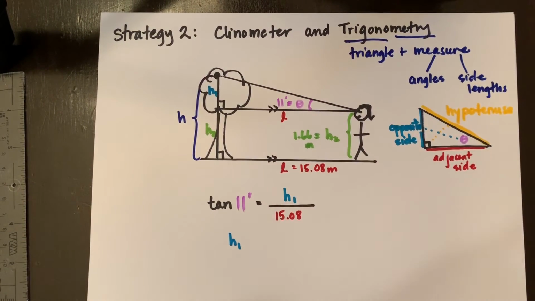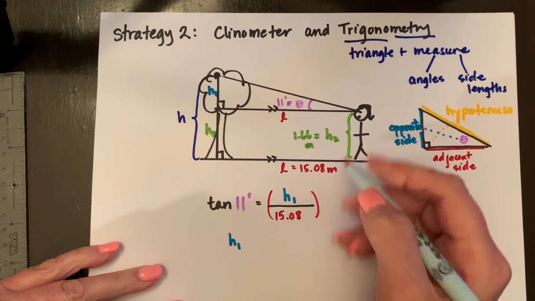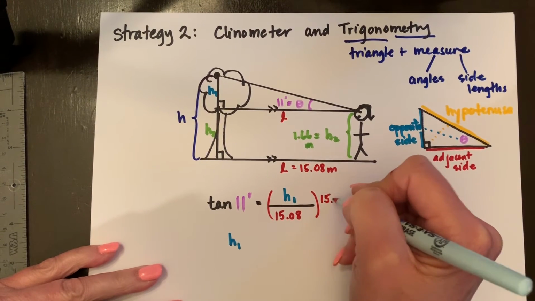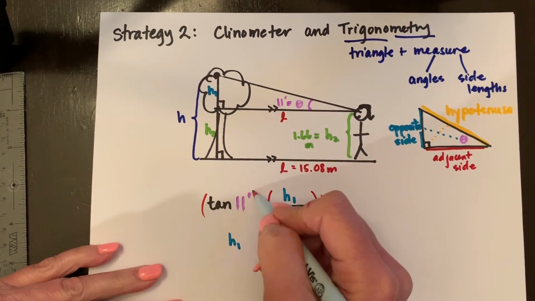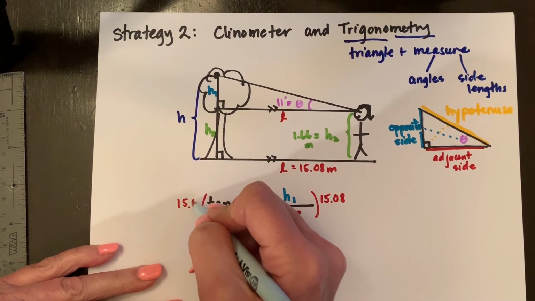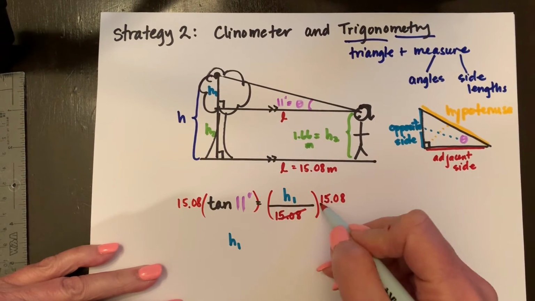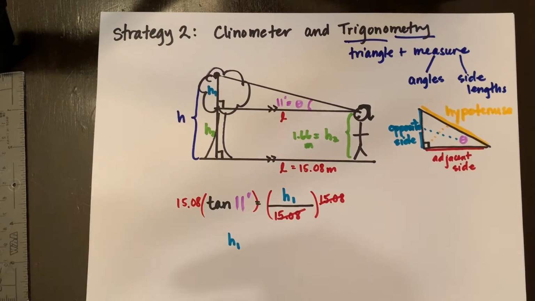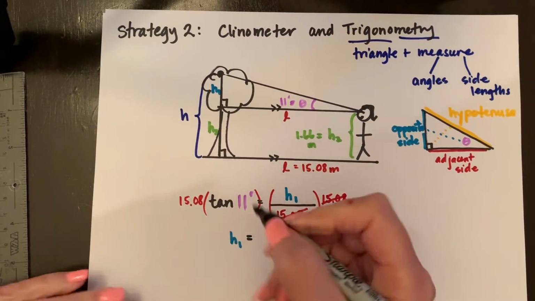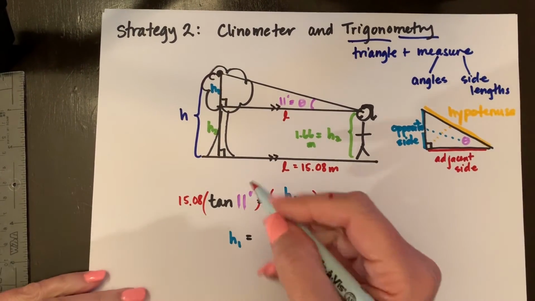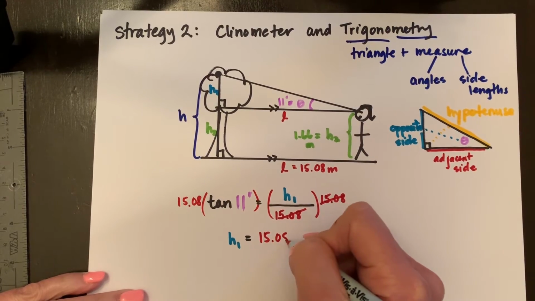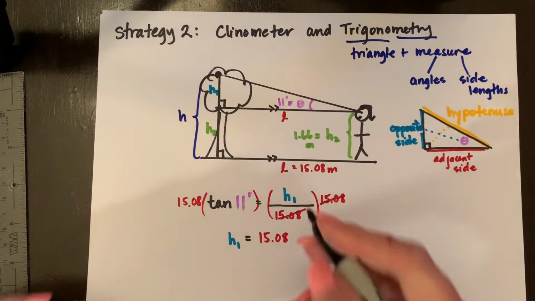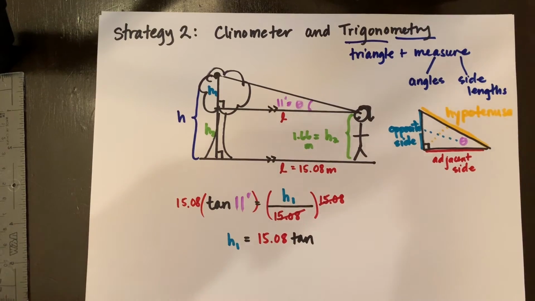And so to do that, you can see that we need to isolate that height by multiplying both sides by 15.08. So our height is equal to 15.08 times the tangent of 11 degrees.